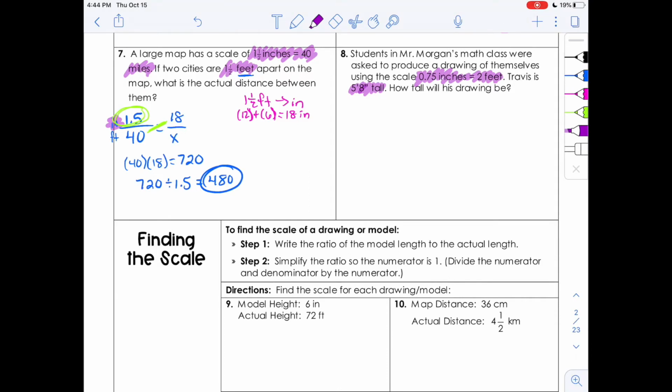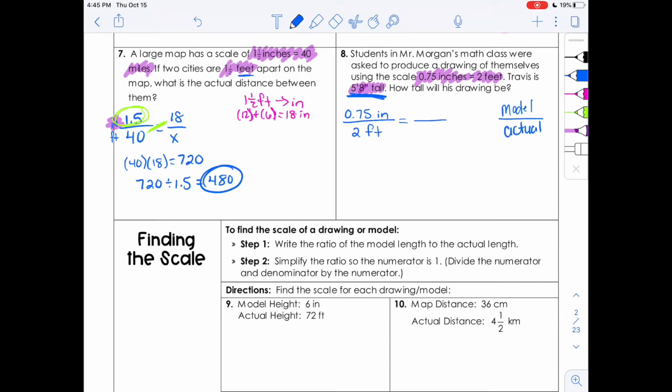So again, we're going to use the scale to set up our first part of our proportion, 0.75 inches to 2 feet. And remember, when we're setting this up, this is model over actual. So in actual life, he is 5 feet 8 inches tall. So that is going to go down here in the bottom.